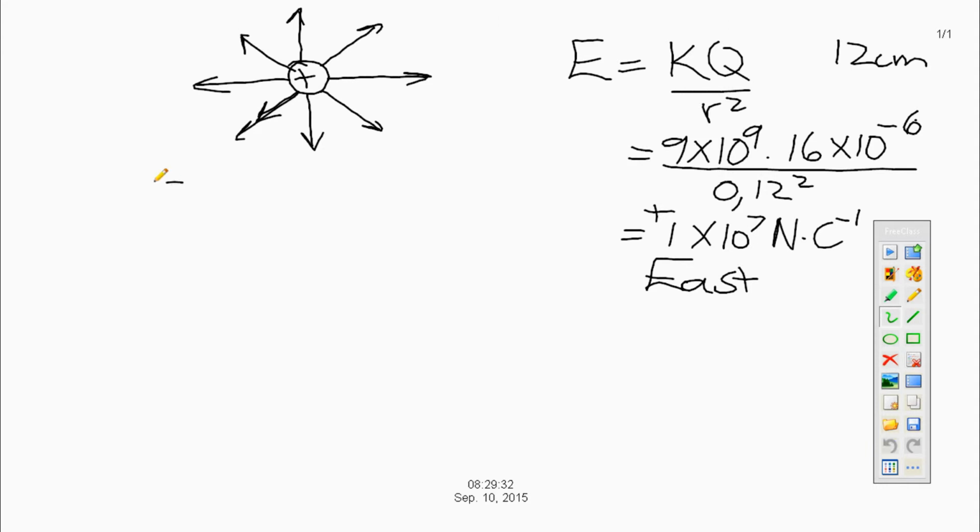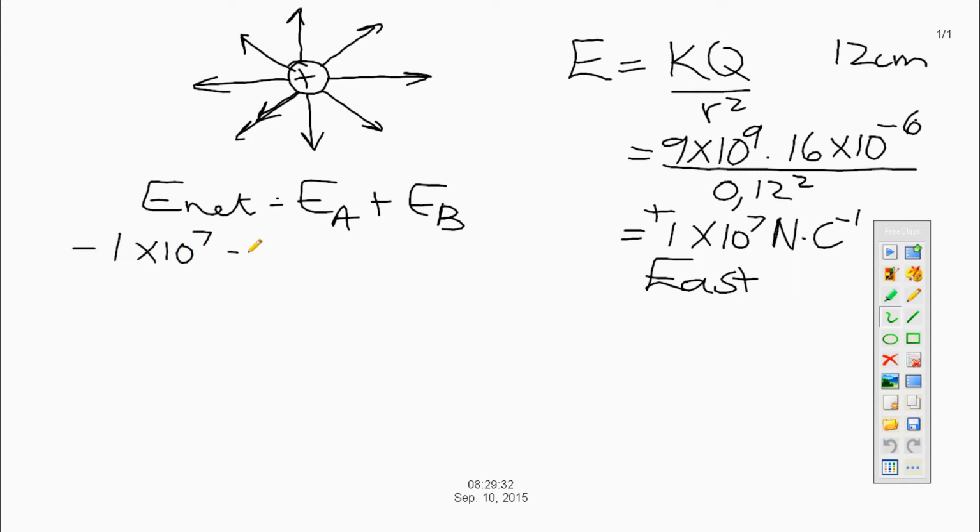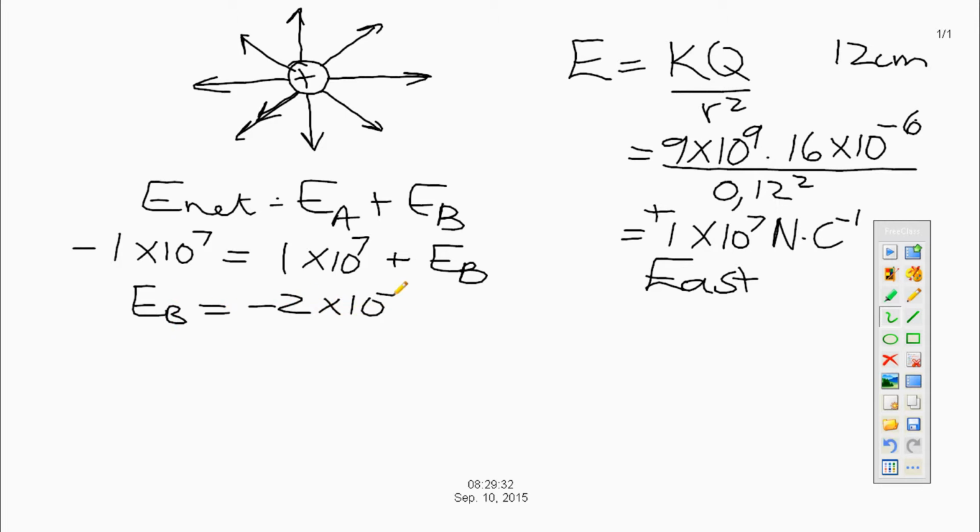So we will start with E net is EA plus EB. E net is minus 1 times 10 to the power of 7. A is positive 1 times 10 to the power of 7 plus the electric field of B is what we will be calculating. And we will get an answer of minus 2 times 10 to the power of positive 7 Newton per coulomb.